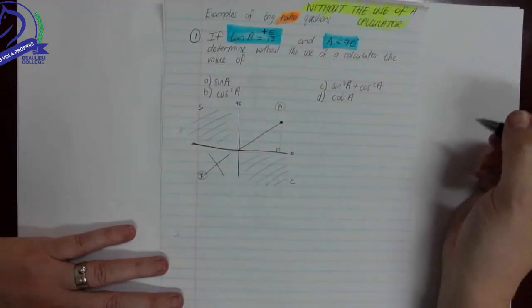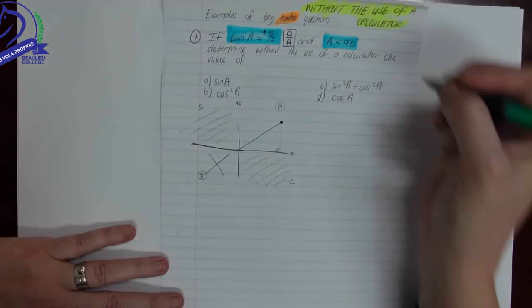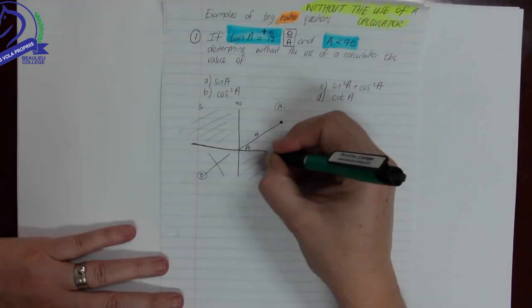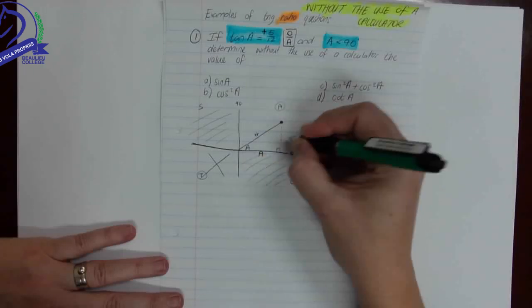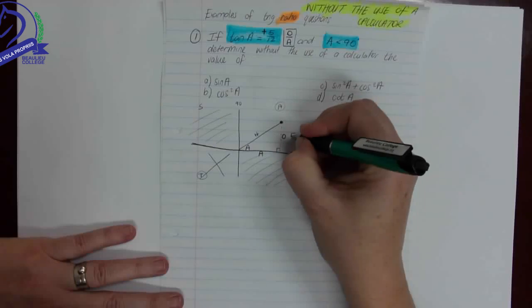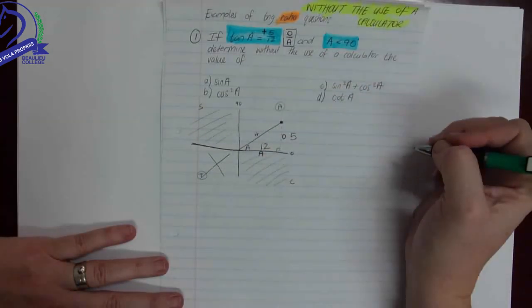Now 5/12 means my opposite side is 5, my adjacent side is 12. So there's my hypotenuse, there's my A, there's my adjacent side, there's my opposite side.